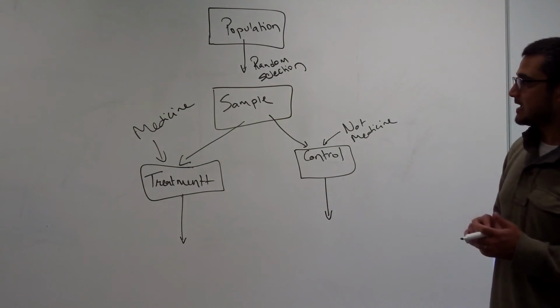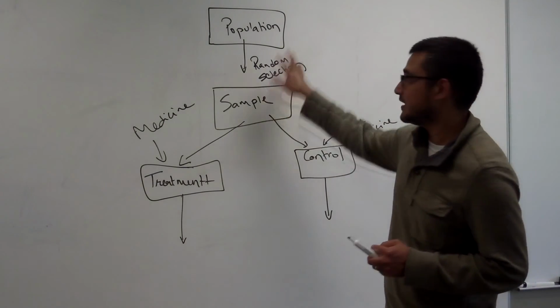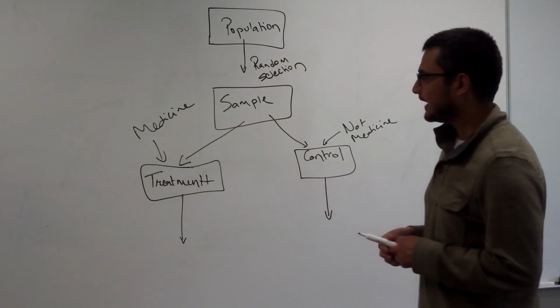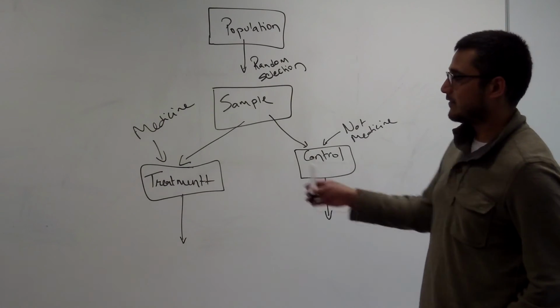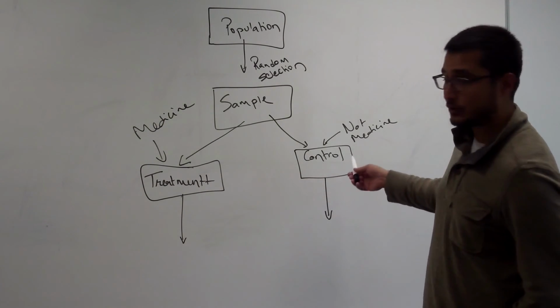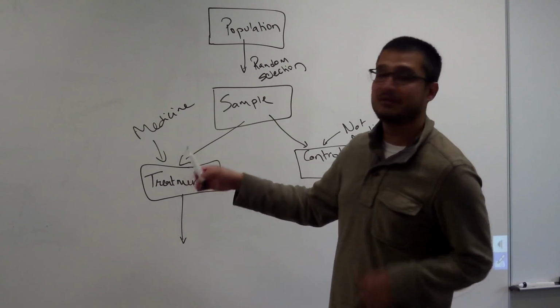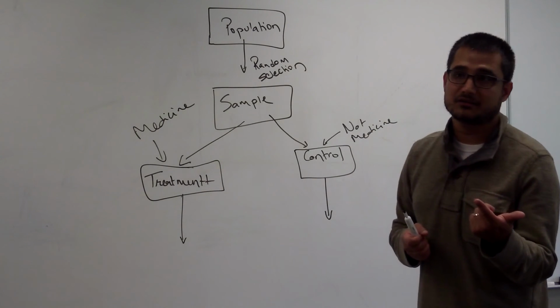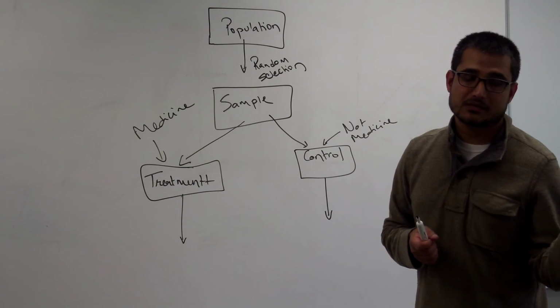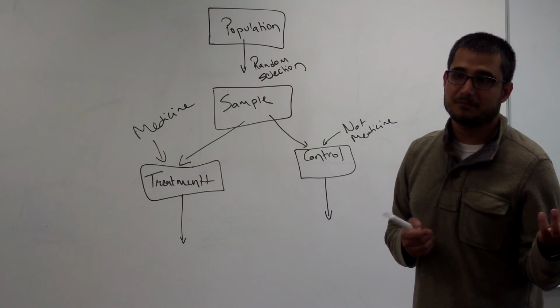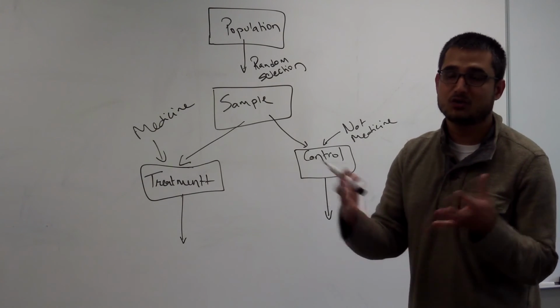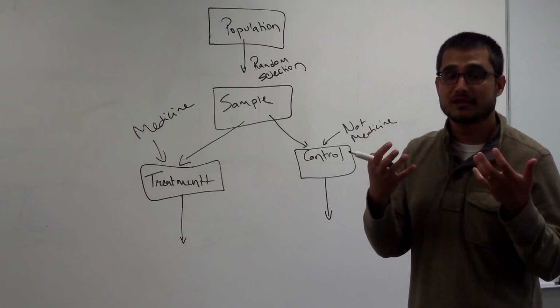So the basic idea is that you have a random selection, you get a particular sample, and then out of that sample you have a treatment group and a control group. The treatment group gets the medicine, it could be an intervention. I worked on a project in India where we gave families a new kind of cook stove that doesn't pollute that much.